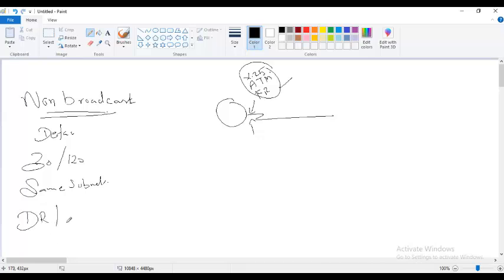So full mesh is recommended for this. Hub and spoke is not the right topology for this non-broadcast type. Full mesh is recommended.